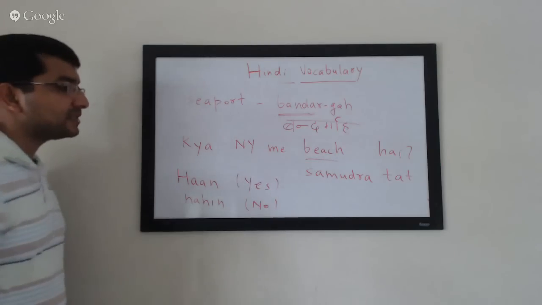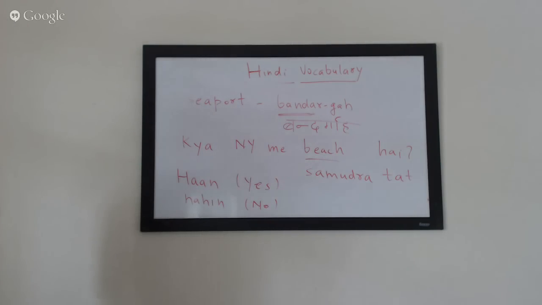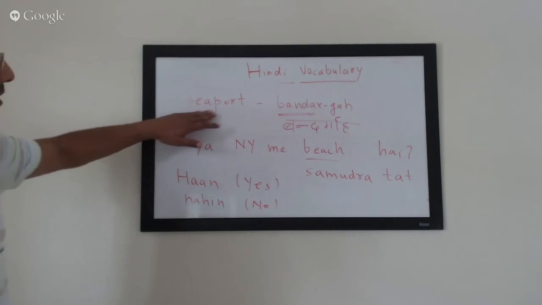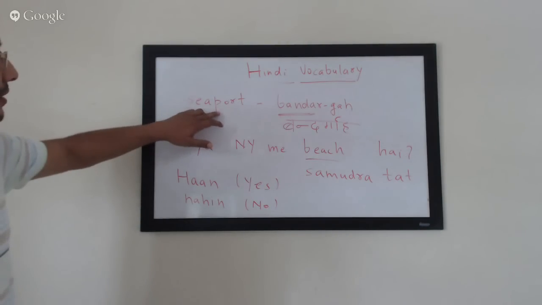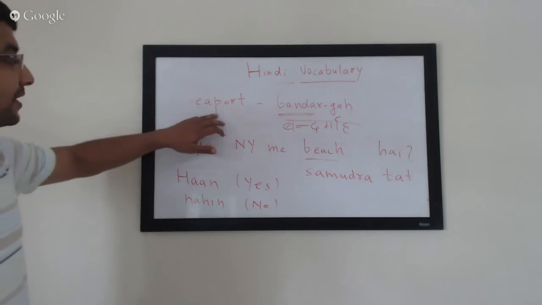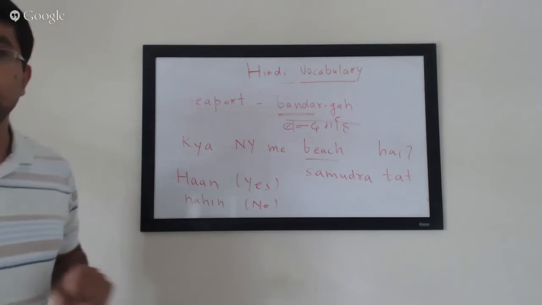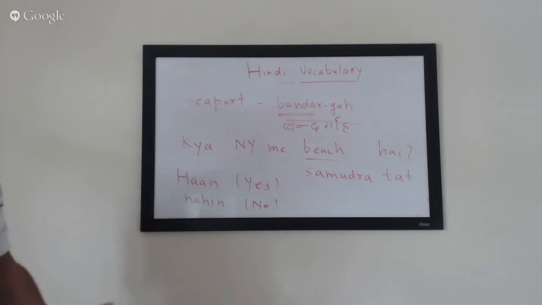Or you can also ask a subsequent question: क्या आपके शहर में बंदरगाह है? Do you have seaports in your city? And you can respond with yes or no in this case as well.